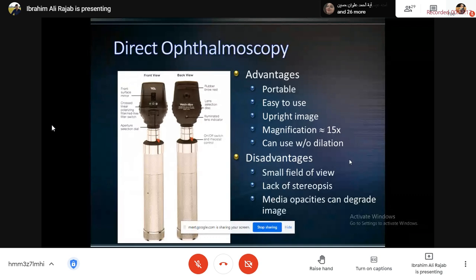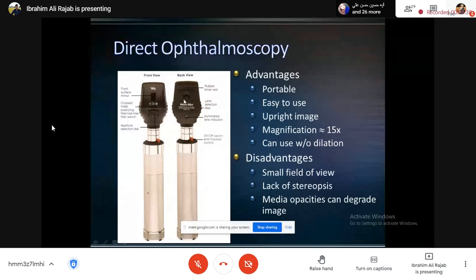This direct ophthalmoscope is a portable device. There are batteries in the handle, the silver handle, as you see. There are rechargeable batteries here, and this is the back view of the direct ophthalmoscope, and this is the front view.